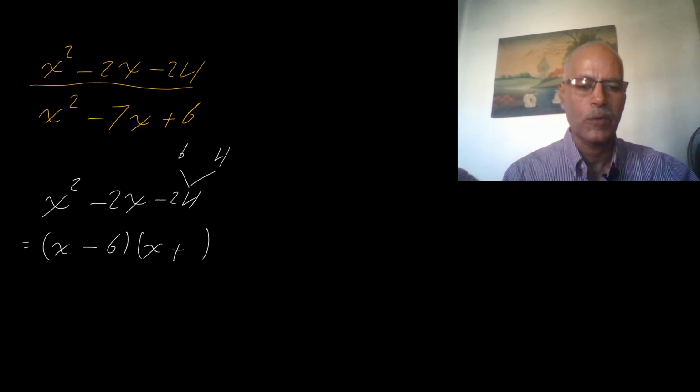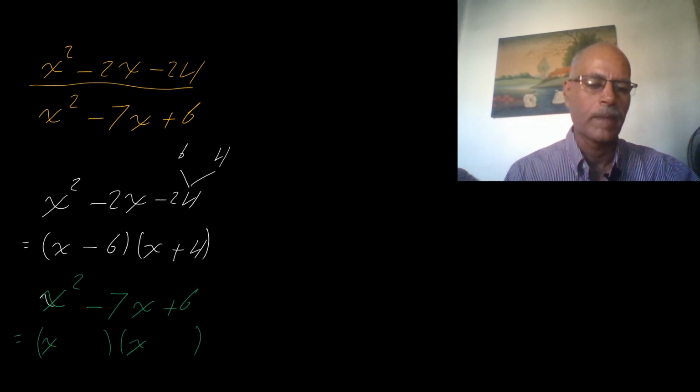And the positive one takes 4. The two signs of the brackets are alike and like the middle one. It's negative and negative. 6 and 1. Negative 6x plus negative x gives me negative 7x. Just to remember.